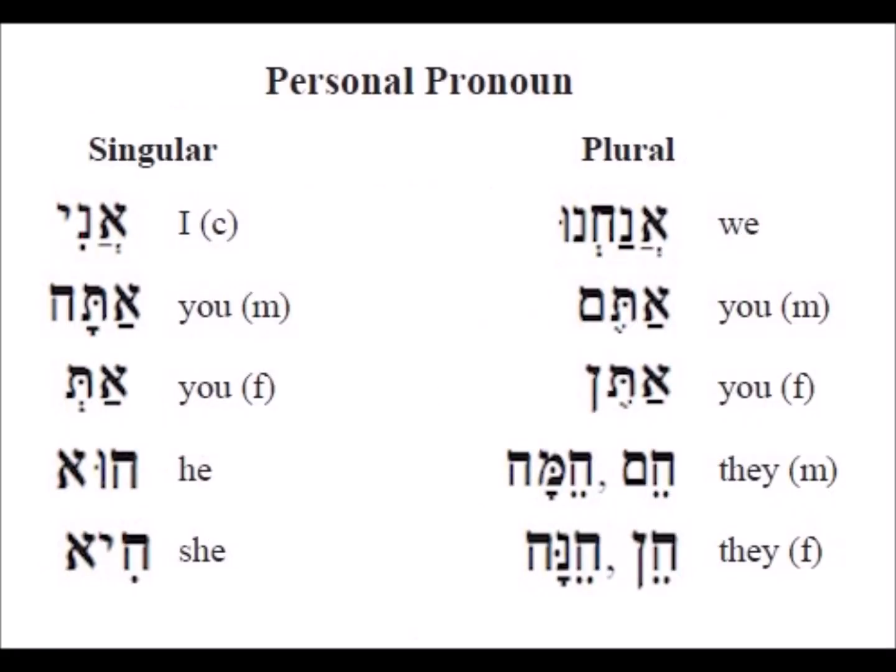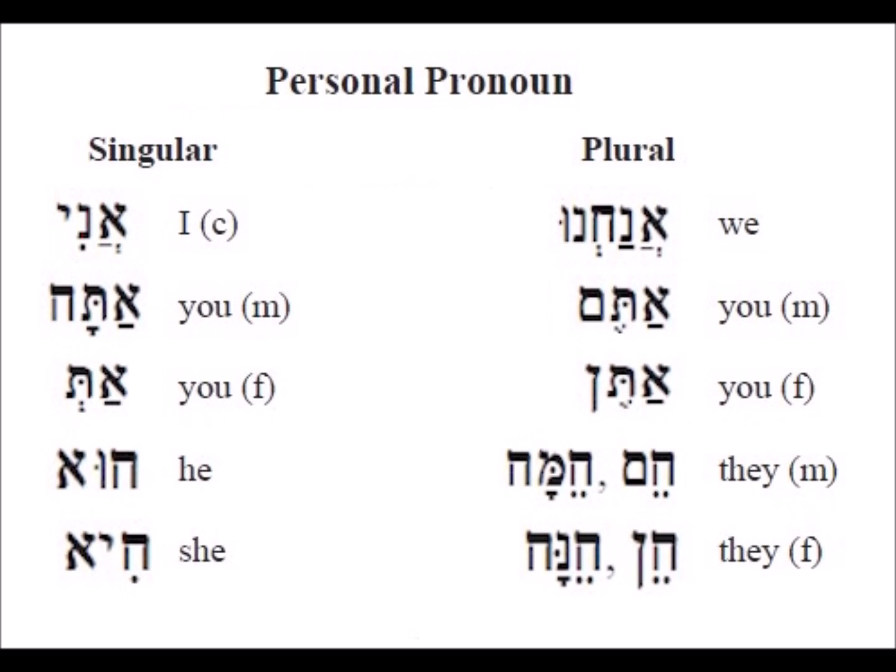Then your personal pronouns. Let me just go through those a minute. I'll start with ani. Ani would be I. Atah, you, masculine singular. At, you, feminine singular. Hu is he, and Hi is she.